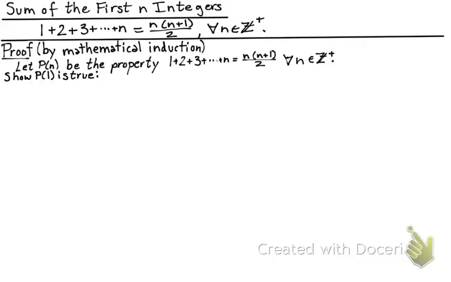Now, well, what does that mean? Well, with our particular one, remember on the left-hand side of the equation, we have 1 plus 2 plus 3 plus all the way up to plus n. In this case, n equals 1. So what is this equal to in the case where n equals 1? When n equals 1, what does this entire side equal?